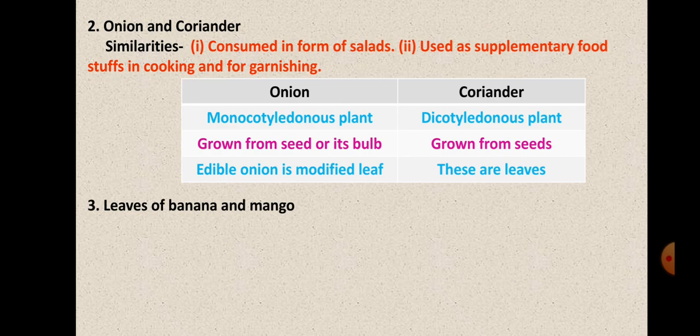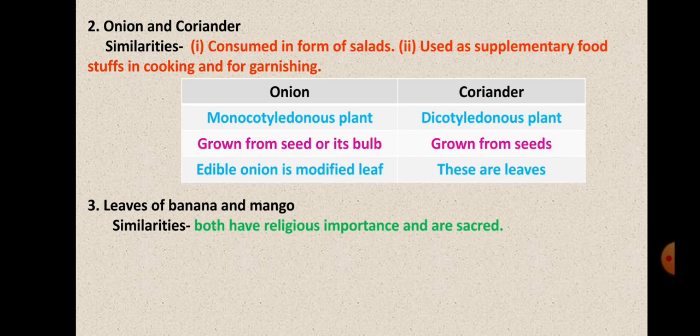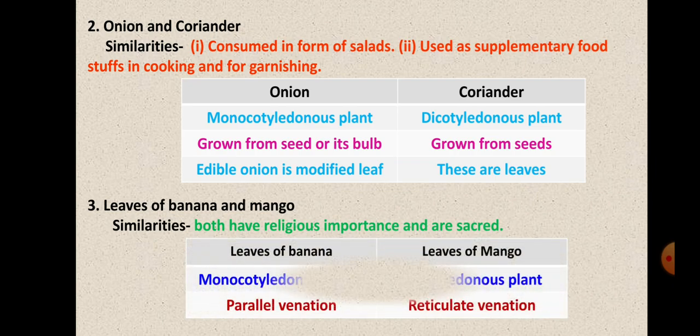The third one is leaves of banana and mango. Now whenever we have puja or any religious function at home, you know, the banana leaves are used, and the mango leaves are also used, and they are used as torans also, right? The toran of mango leaves are generally used on the festivals.